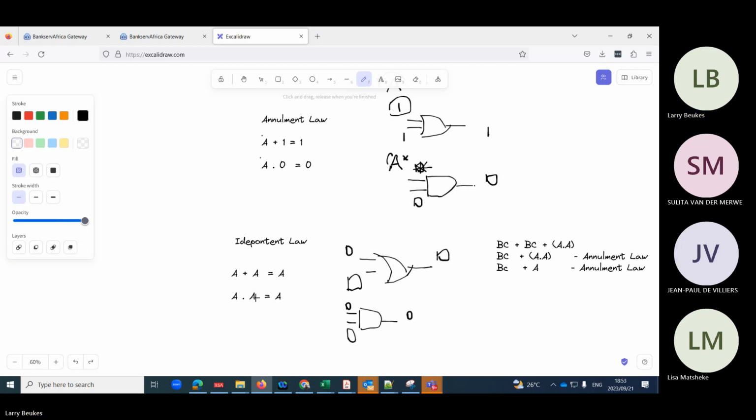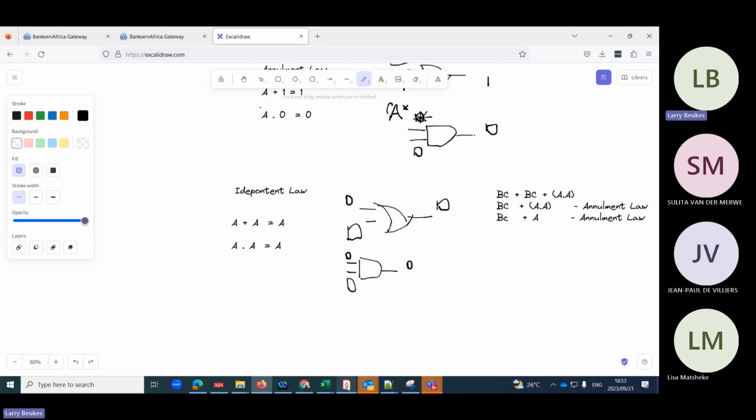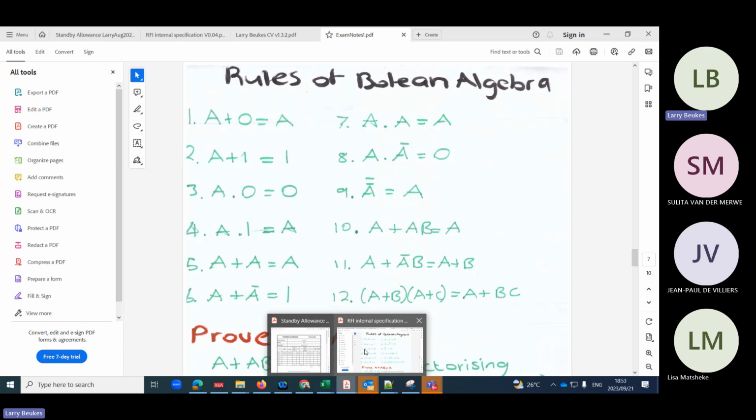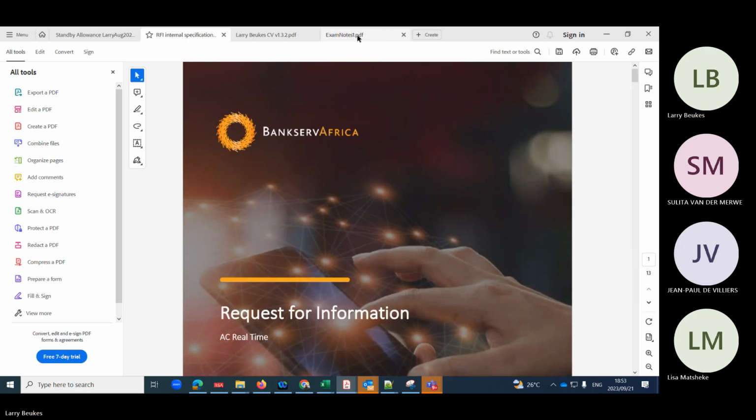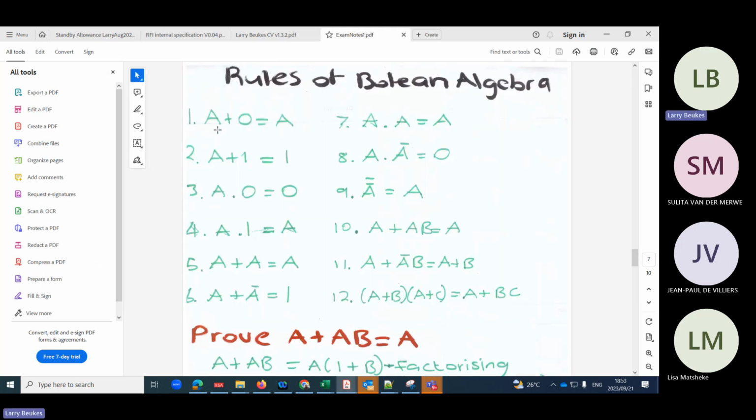That's it. So let's check from our 12 laws. What does it say? Okay, so we have this one, identity law, A plus 1. What is this one again? Annulment law. Okay, this one, annulment law. This one, identity law.